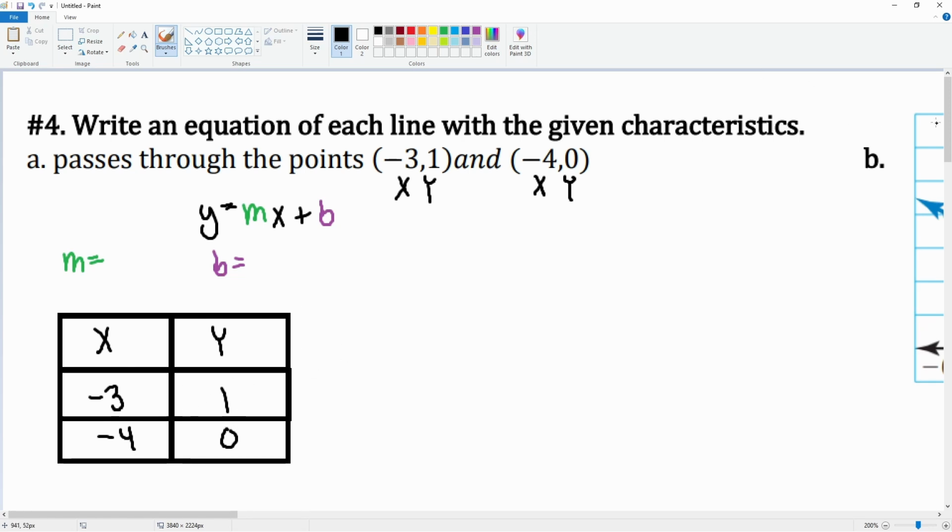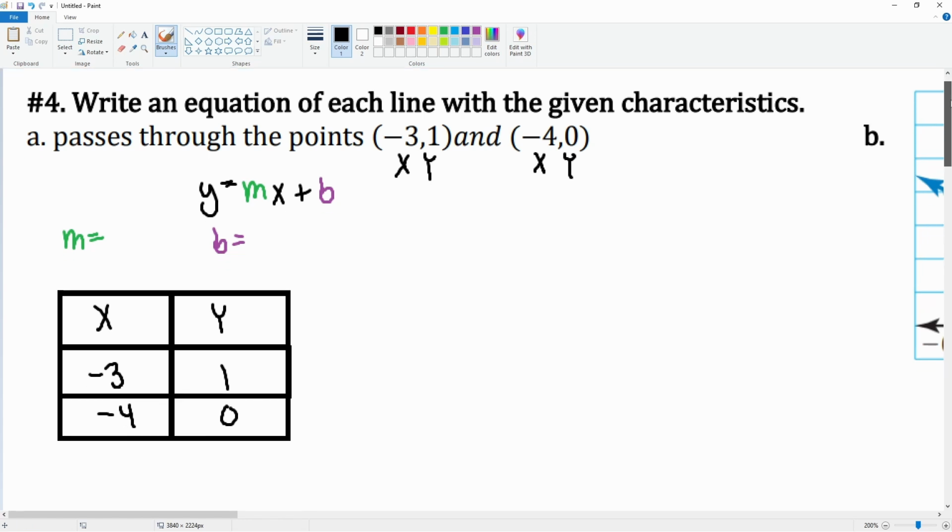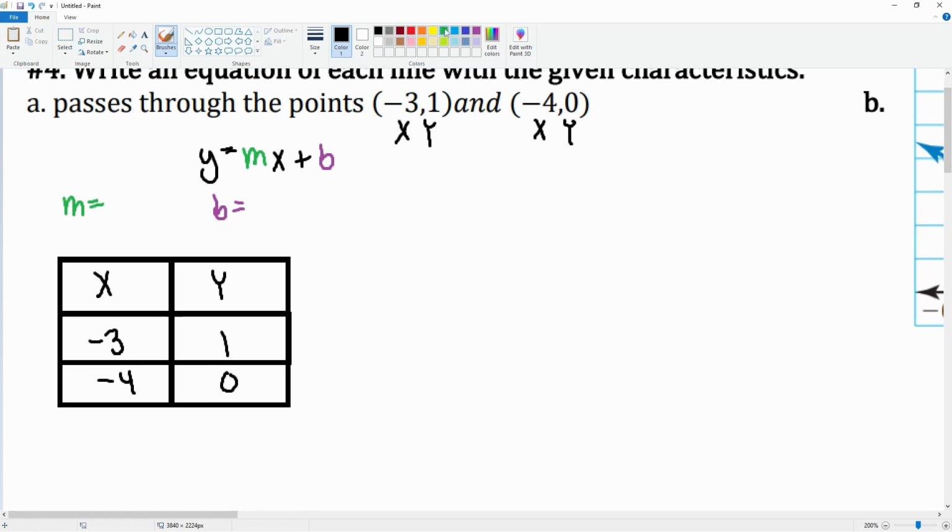So let's find delta x and delta y. Here, this is the change of y, which is 1 to 0. You are going to -1. Then delta x is from -3 to -1, you go -1, right?